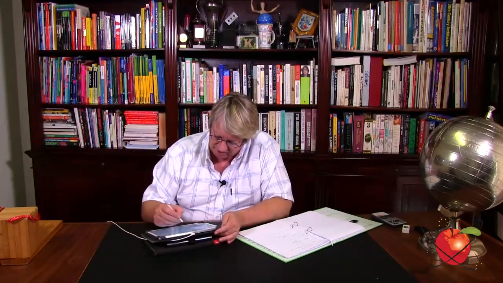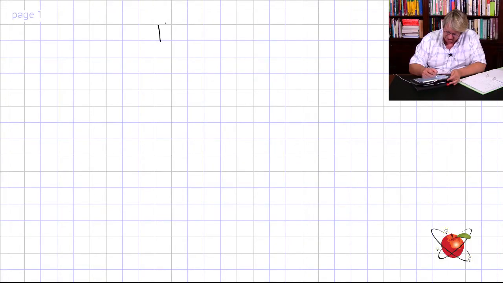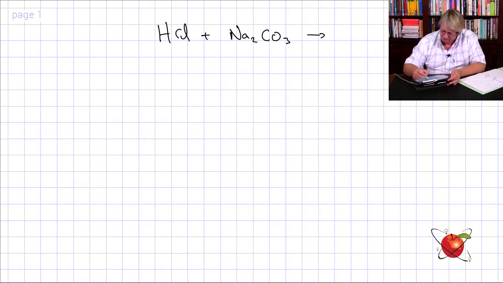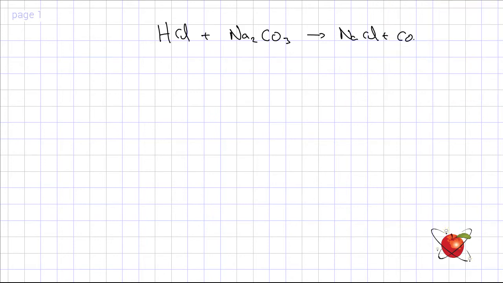HCl plus Na2CO3, and because it's a neutralization, we're going to get NaCl plus CO2 plus H2O. Okay, standard. There's our gas.